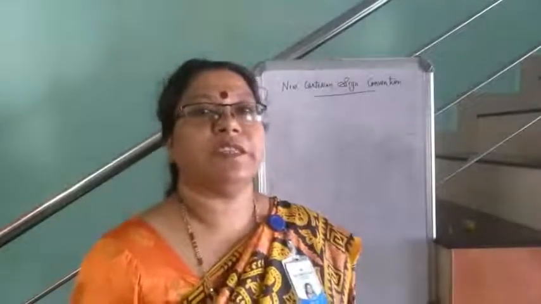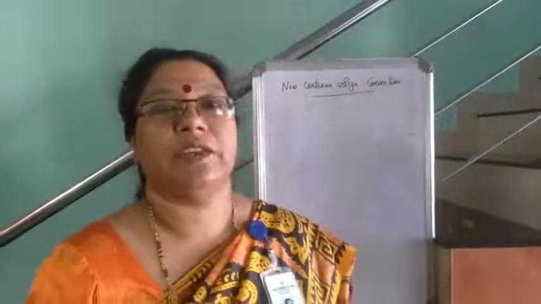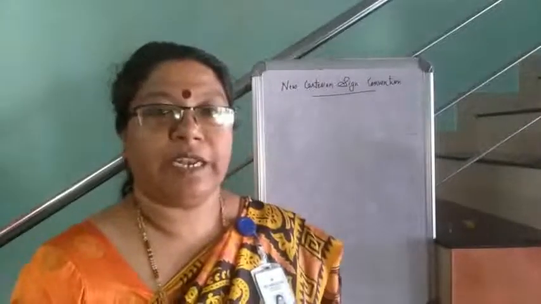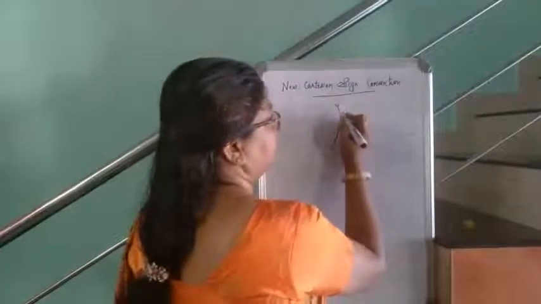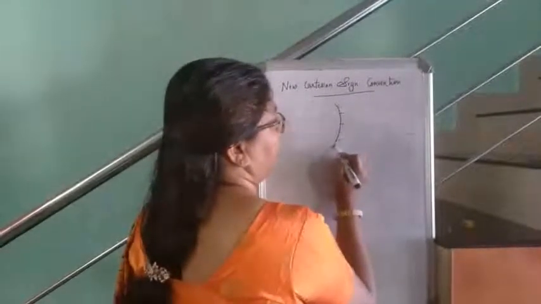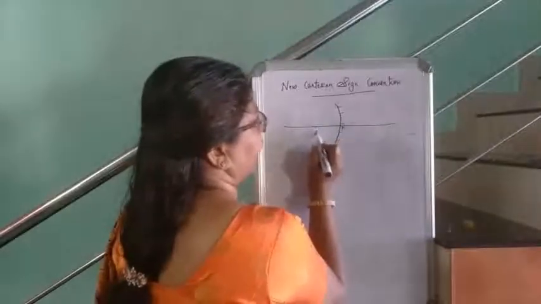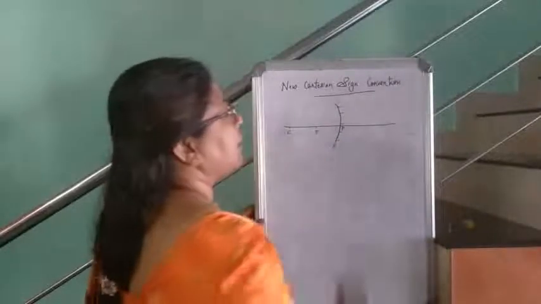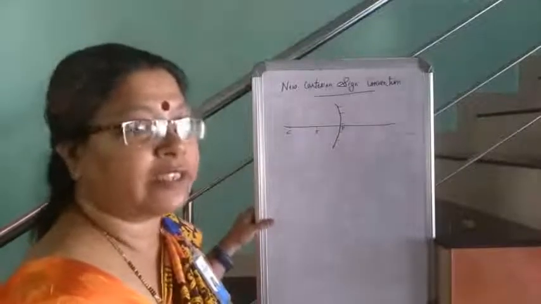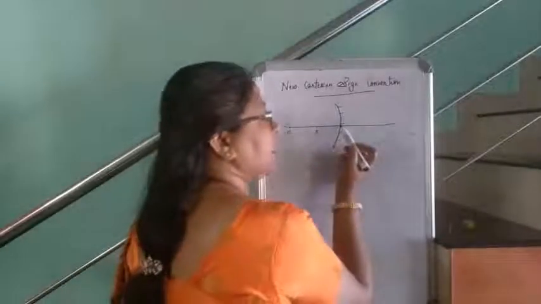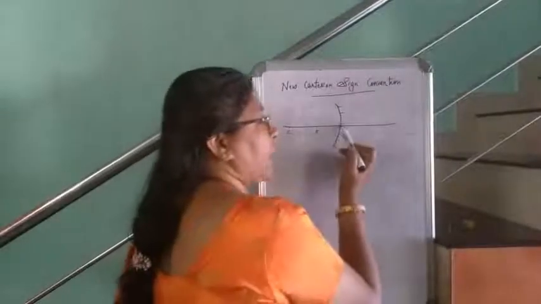Next, what you have to study is the new Cartesian sign convention. Suppose you are considering a concave mirror, with its pole, focus and center of curvature. The first point to be noted is that the pole is considered as the origin, and all measurements are taken from the pole.